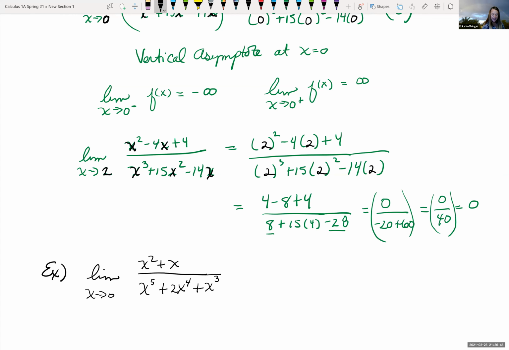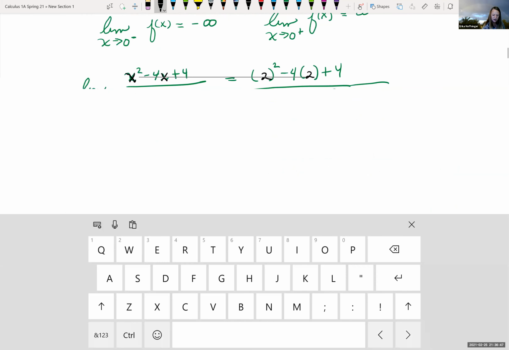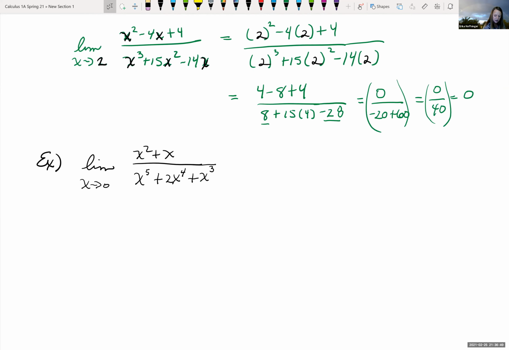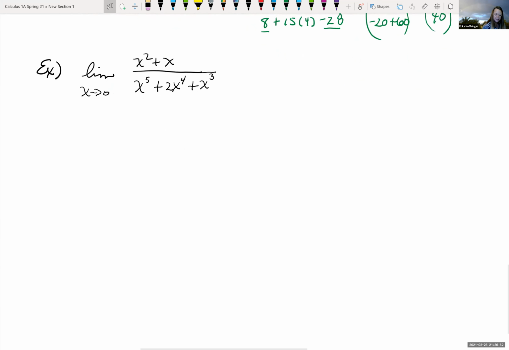So right away, I can tell if I go back in here and do direct substitution, wherever I see an x and plug in 0, all the terms in the numerator have an x, all the terms in the denominator have an x, so I'm going to get 0 over 0, which is that indeterminate form.